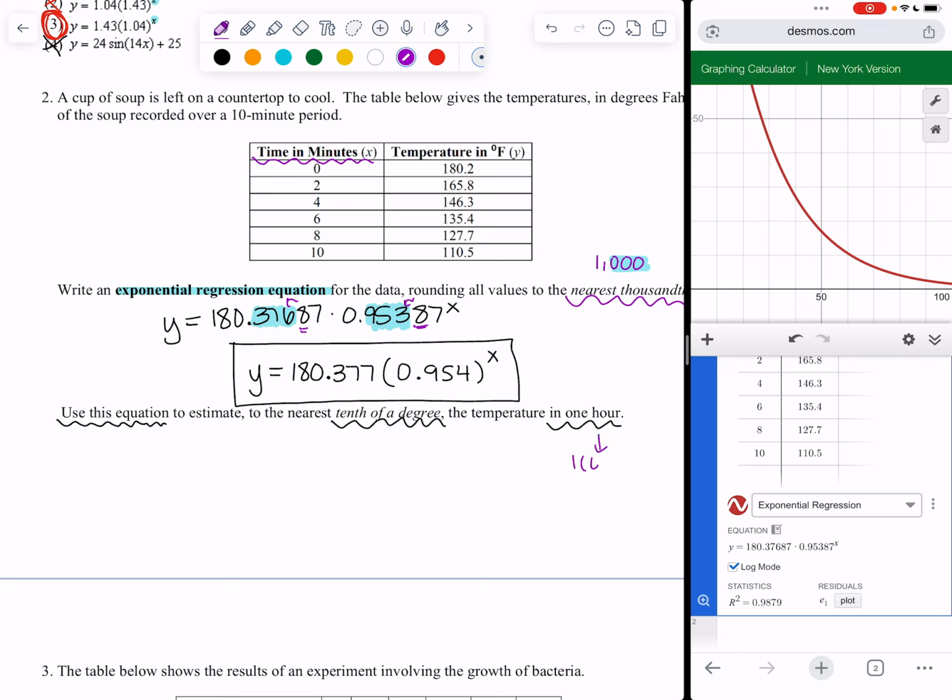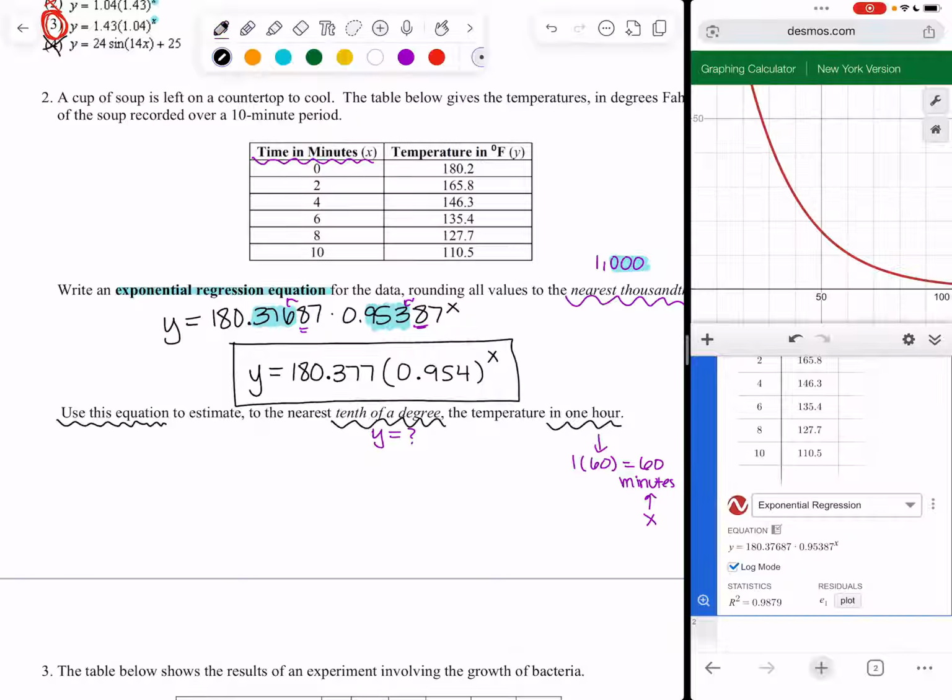So I'm going to multiply that by 60 and get that there are 60 minutes in an hour. And they want me to find the temperature. So they're asking me to find y when x is 60.